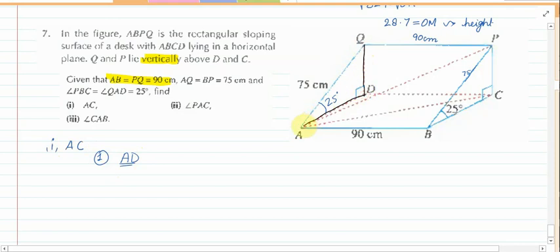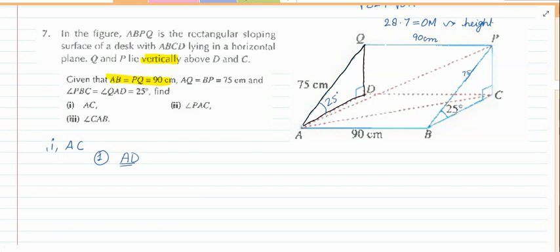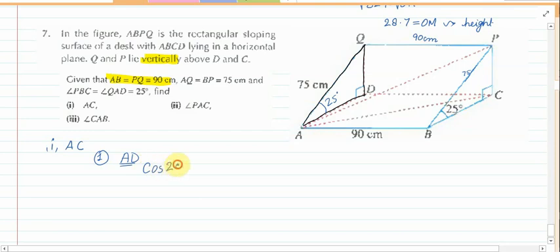So I am going to highlight triangle ADQ, right? That is a right angle triangle, and I need to find the value of AD. So by using cos, cos 25 is equal to adjacent divided by hypotenuse.